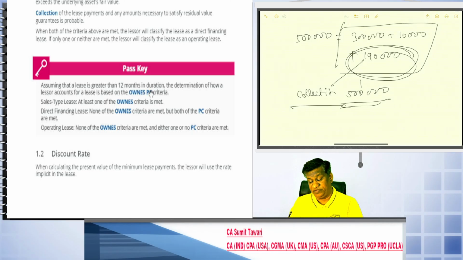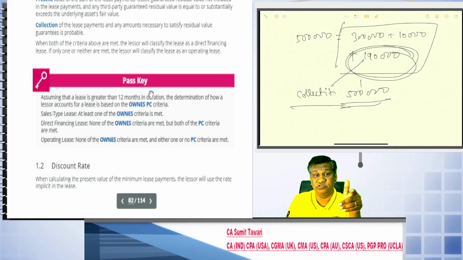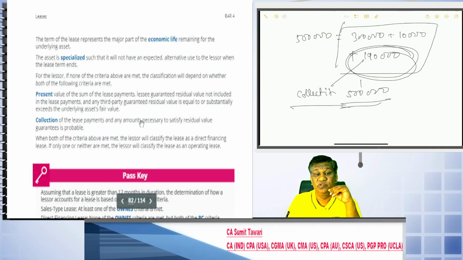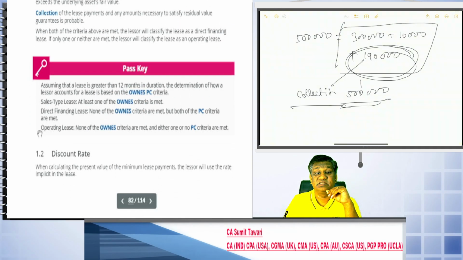First thing, to be qualified as a finance lease, it should be for a period of more than 12 months. Okay, and determination of how the lessor accounts for the lease is based on the OWNS PC, means all the OWNS criteria plus these two. Okay, then sales type lease, at least one of the OWNS criteria is met, means whether it is sales type or direct financing, that we will discuss in detail.